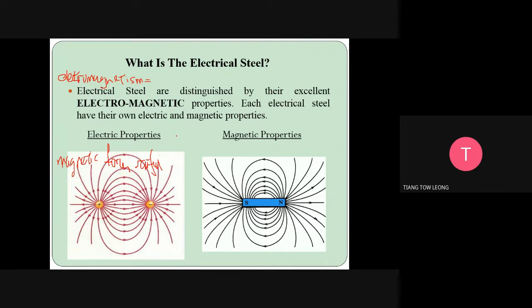Come, give me some idea. What is electromagnetism? Saiful only? Magnet that uses electricity. You can give me a keyword, no worry. Maybe one word also can. No problem.